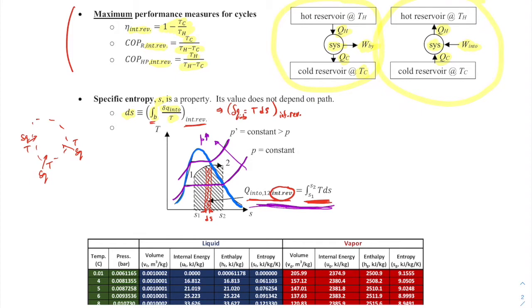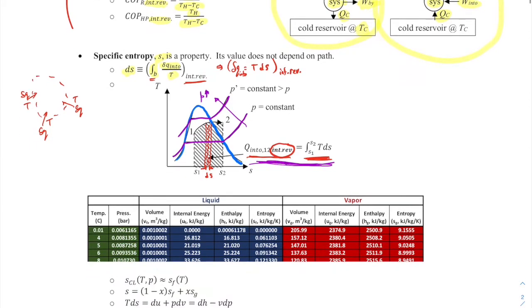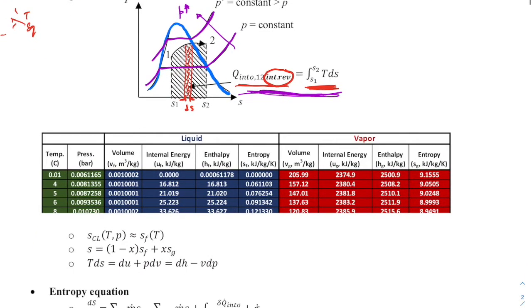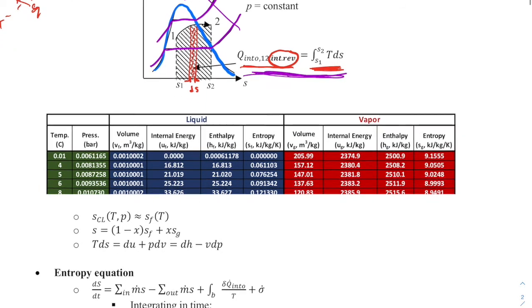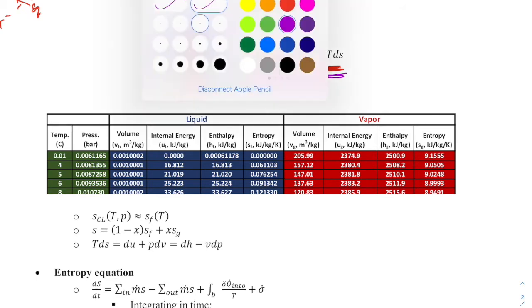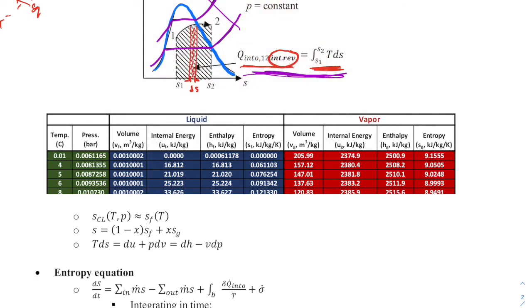Okay, so how do we find the entropy for various substances? Well, we always have the tables that we can turn to, so I took a little snippet from one of your Excel tables. This one I believe was for water. And you have already seen that there is a column here for the specific entropy for a saturated liquid and a specific entropy column for a saturated vapor.